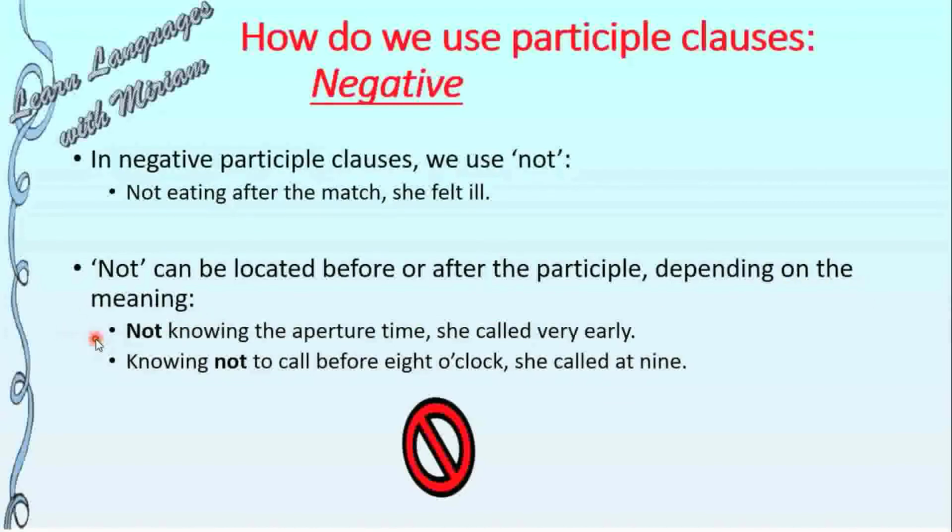For example: Not knowing the opening time, she called very early. Or: Knowing not to call before 8 o'clock, she called at 9. Depending on the meaning, we can write not before or after the participle, knowing.